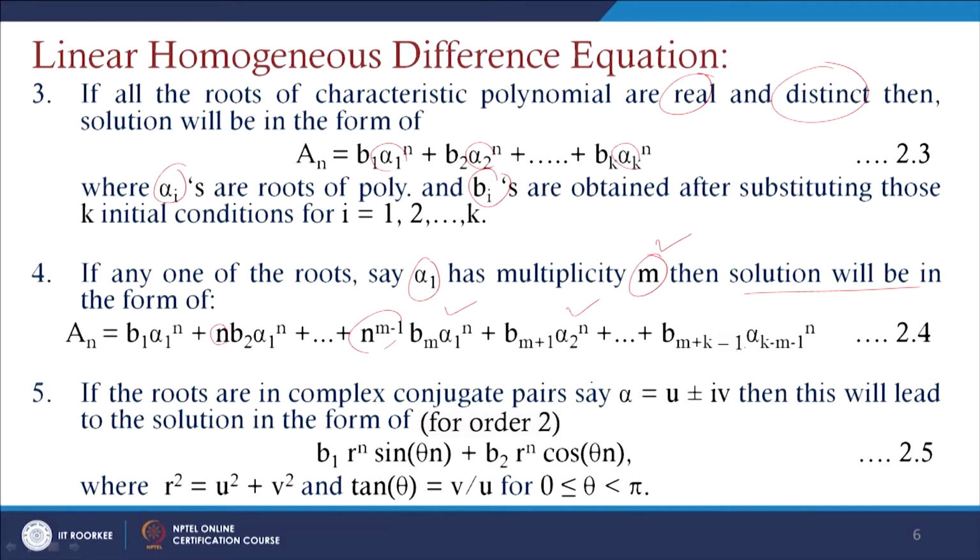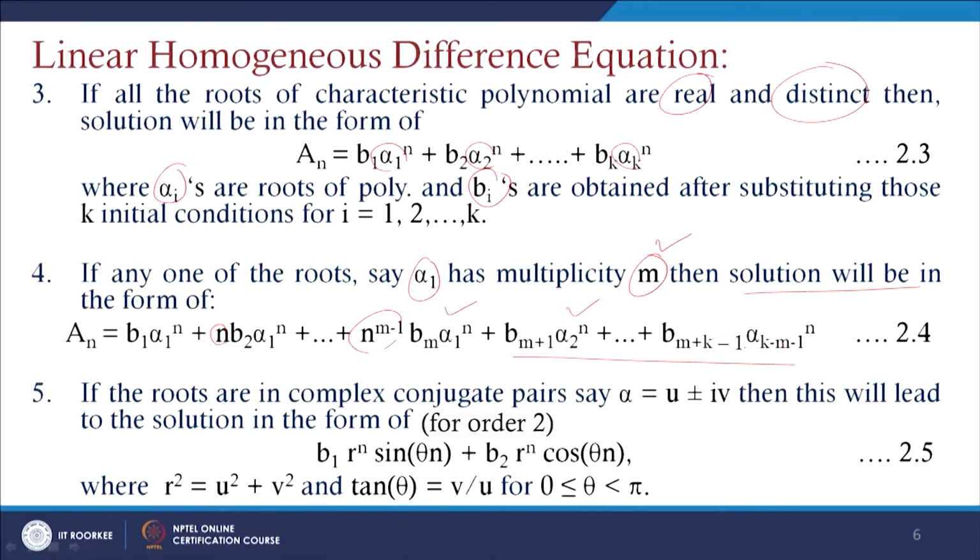That is the next, immediate root. Since alpha1 has multiplicity m, the other roots also exist, so they are written in the form we explained in the earlier solution.